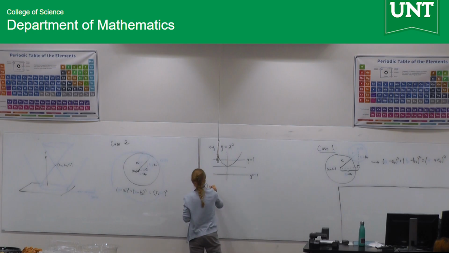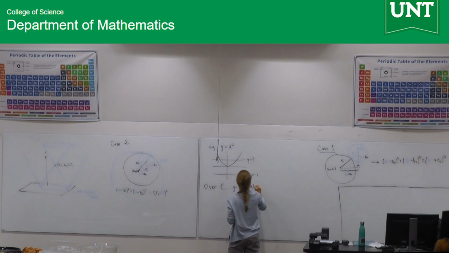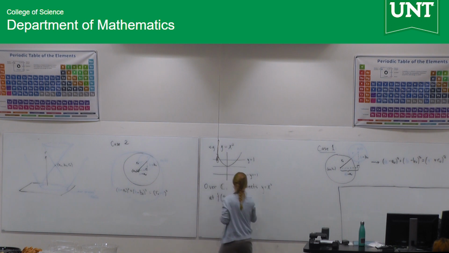So over the complex numbers, the line y equals minus 1 meets the curve y equals x squared at the 2 points plus or minus i, comma, minus 1.